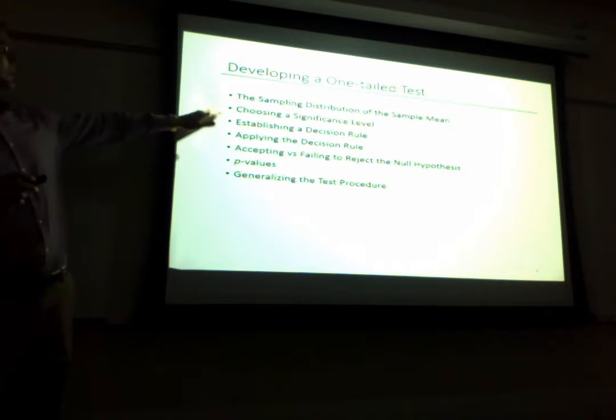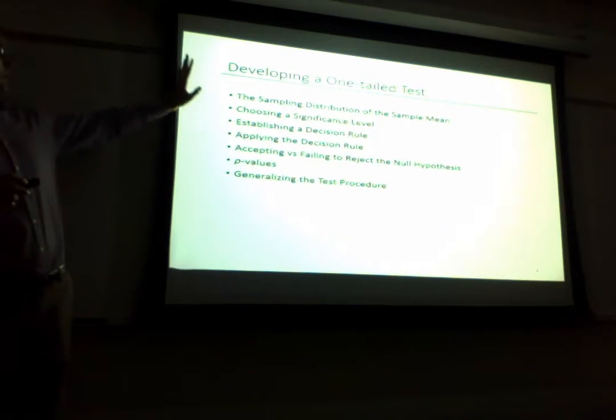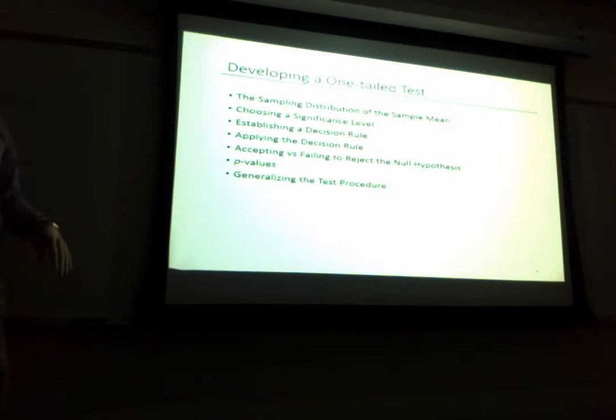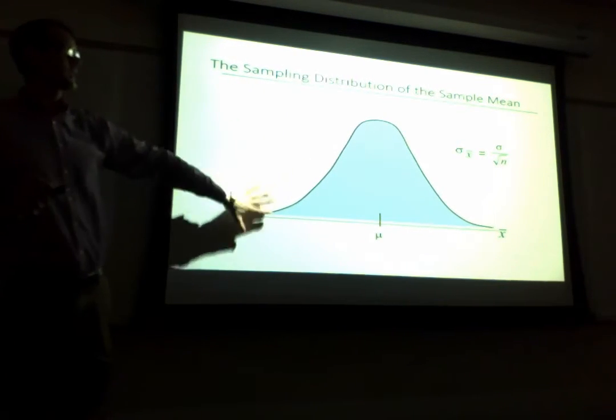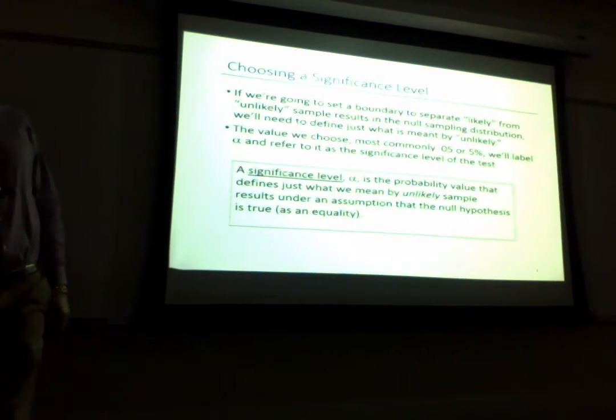We choose our significance level, we compute various things, we apply the decision, and then we calculate a p-value if we so choose. Sampling distribution of the sample mean, you know this already, seen it.